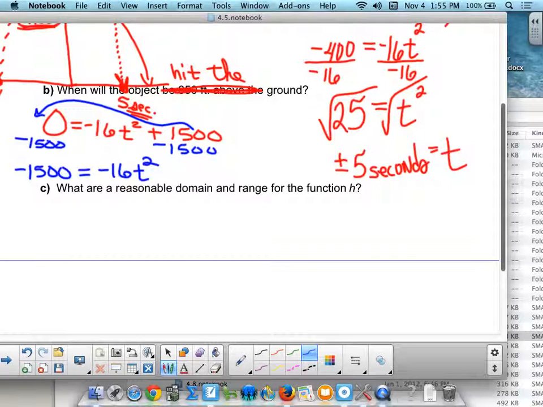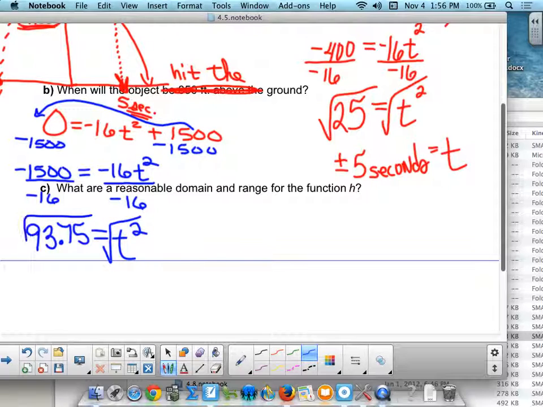Okay. You guys quit too early. Watch. Patrick, you are right, by the way. How do you get t squared by itself? Divide by negative 16, right? That's what I got. T squared equals 93.75. Okay. I heard three of you say that's what I got for my answer. No, that's t squared. I want t. What do we do? Square root of that bad boy.